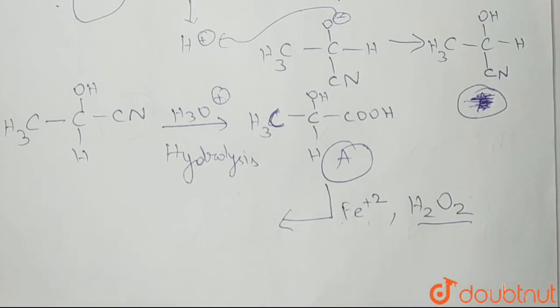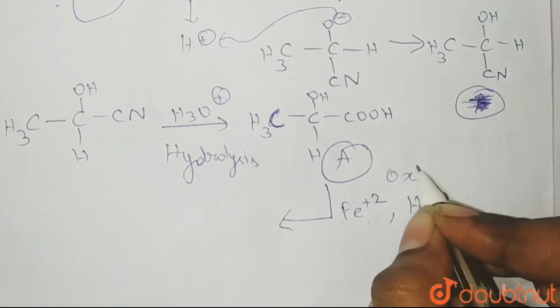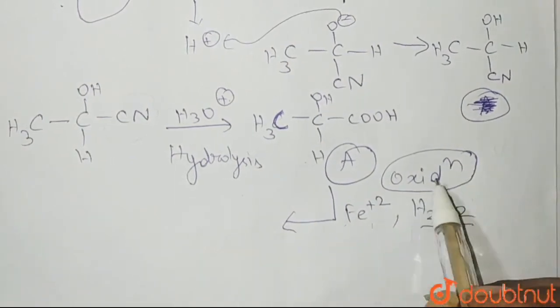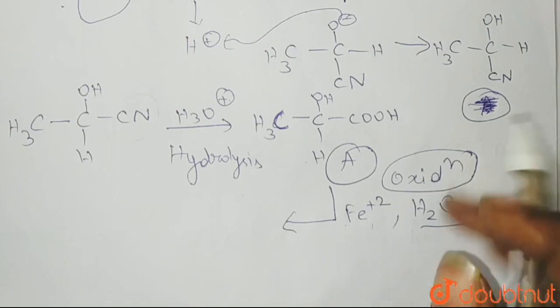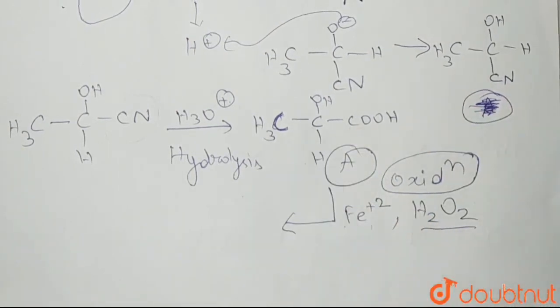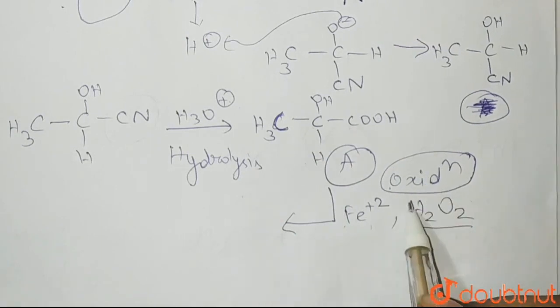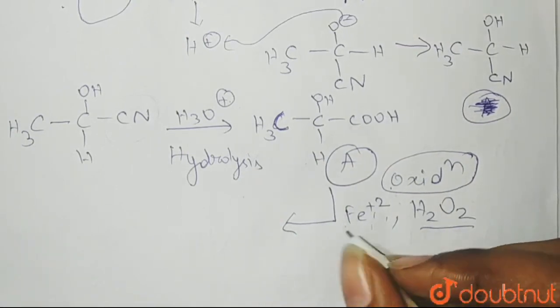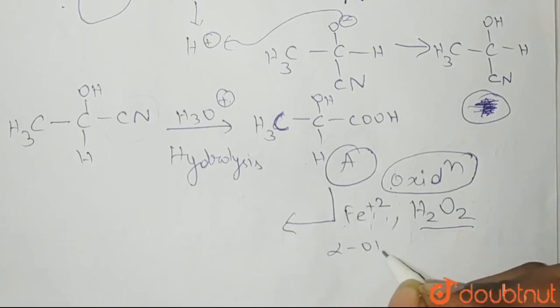That is your Fenton reagent, and it will do the oxidation of the hydroxyl group present on the carbon next to the carboxylic group, the alpha hydroxyl group.